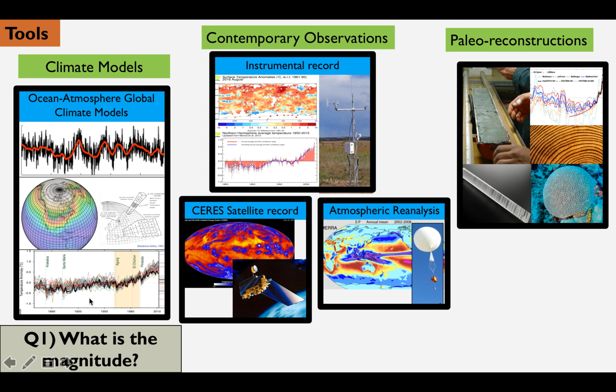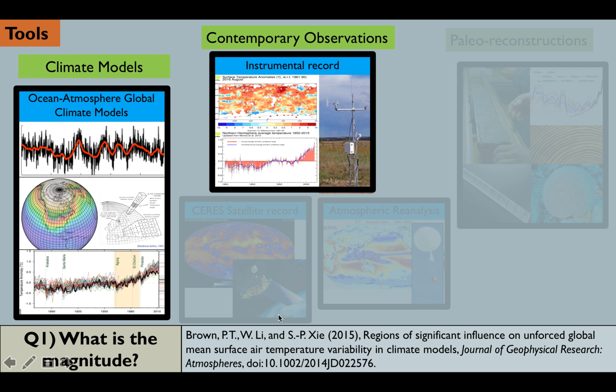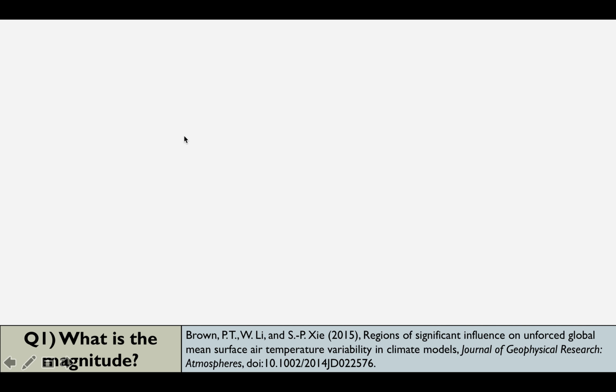So getting at this first question of what is the magnitude, in a paper in 2015, we looked at the magnitude of unforced variability at the interdecadal timescale in as many climate models as we could get our hands on, as well as in contemporary instrumental observations.